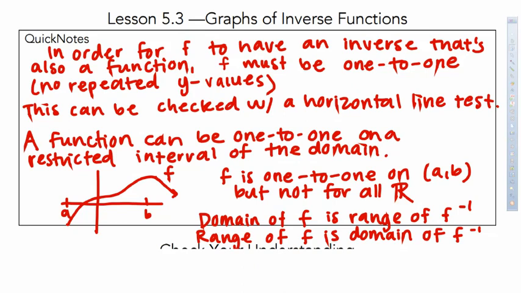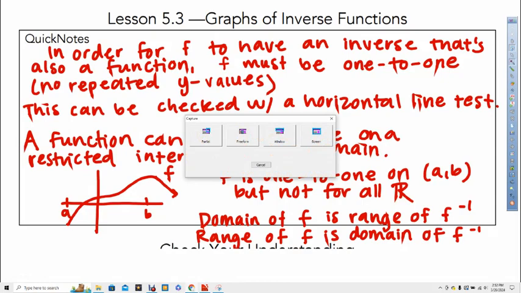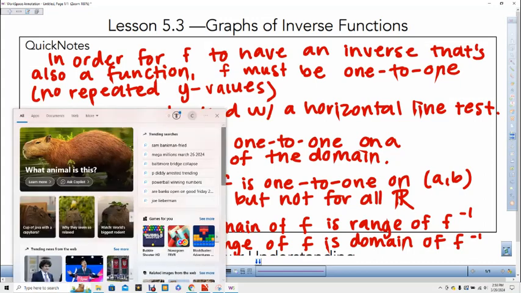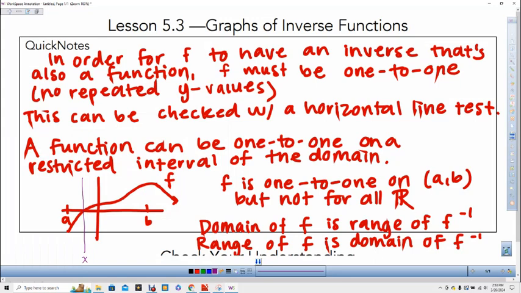The vertical line test, what you're doing is you're literally going through and checking, do I have more than one y value for that x value? That vertical line is registering an x, and you slide that line across.